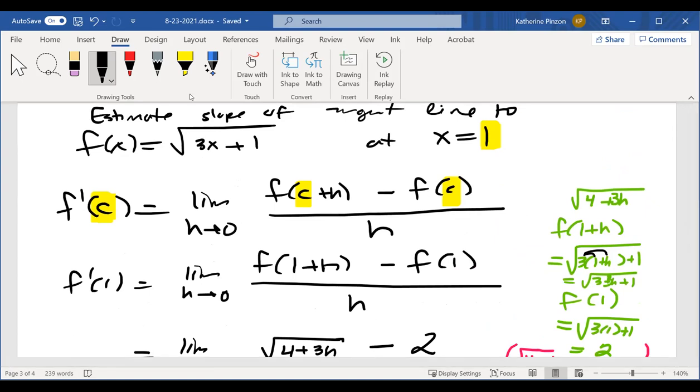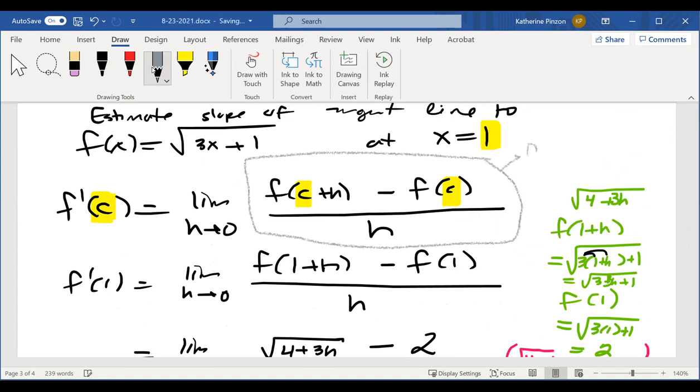We'll learn some rules. Okay, this guy right here is called the difference quotient. There is in D2L a whole worksheet. Let me show it to you.